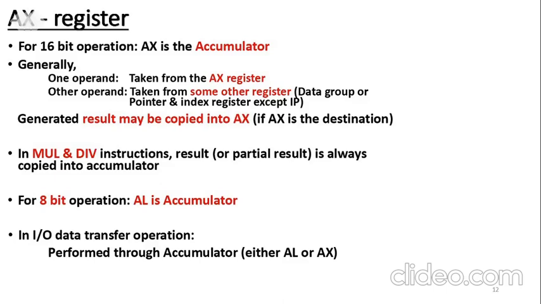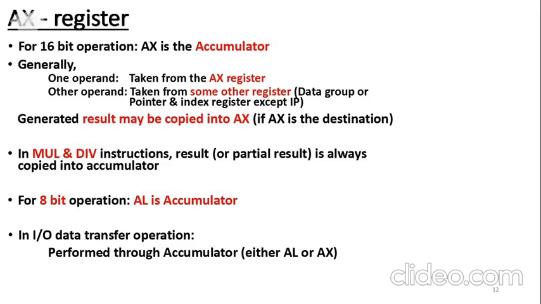If the data happens to be 16-bit, it is always copied to the 16-bit accumulator, that is the AX register. The same thing is applicable in case of an output instruction. In case of output, if that output instruction is for 8 bits of data, then the contents of AL, the 8-bit accumulator, will be sent to that output port.